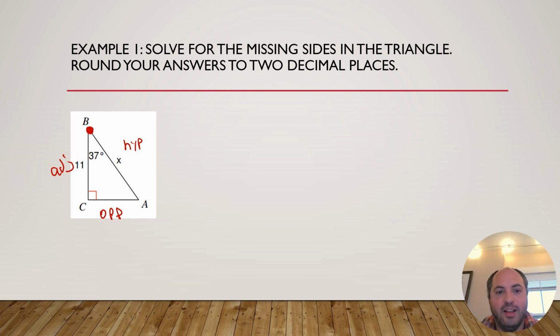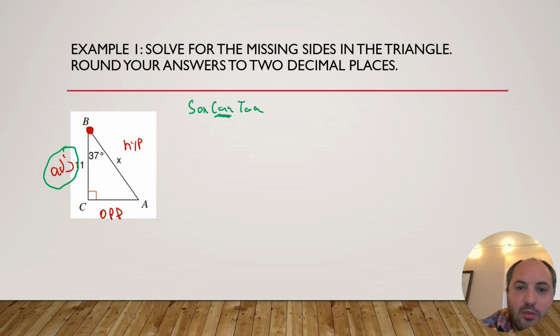Now, when we think back to SOHCAHTOA, since we know the adjacent side length, the versions that are going to be useful for us are the ones that use adjacent in that. So cosine uses adjacent and tangent uses adjacent. So depending on what we are trying to solve for, we'll want to pick one of those.